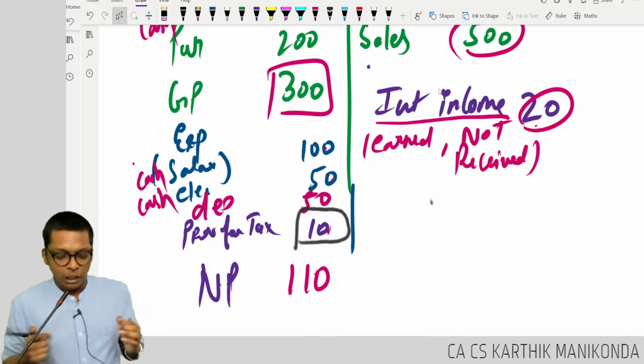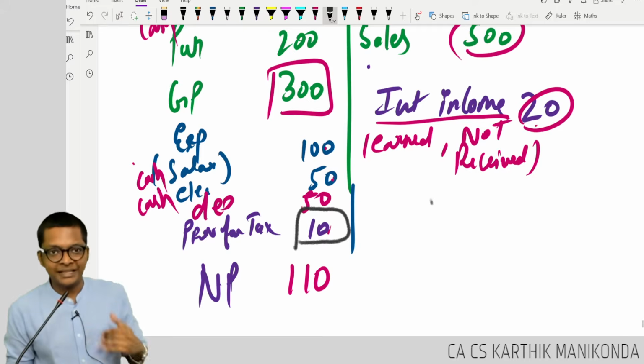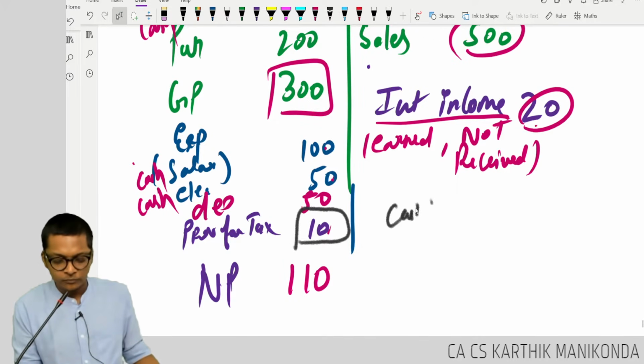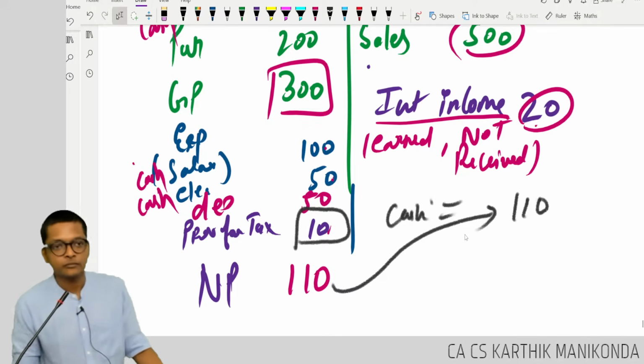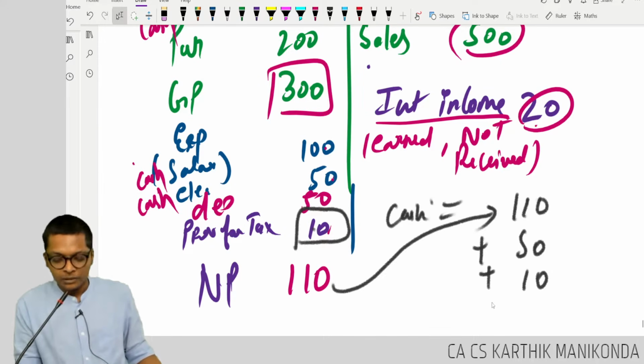Able to connect. Now I am saying find out cash in hand. Adjustments. I will start with the first 110. Next, add back that 50. Add back that 10. Now minus 20.